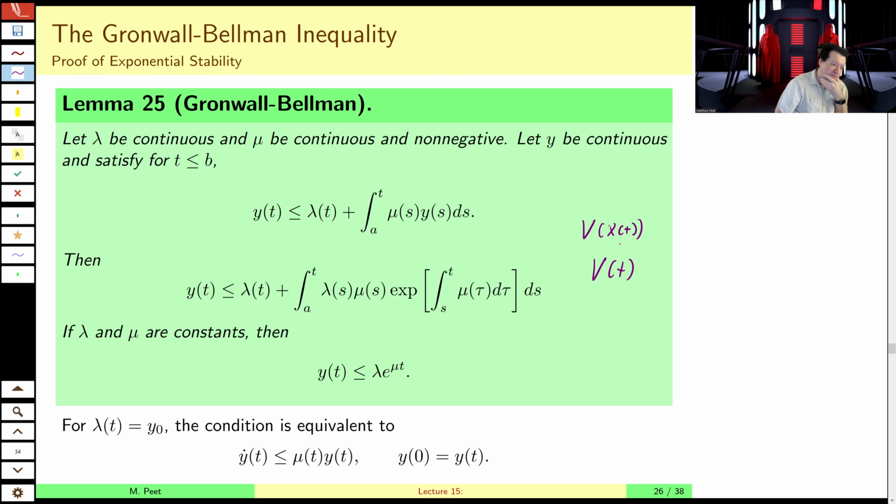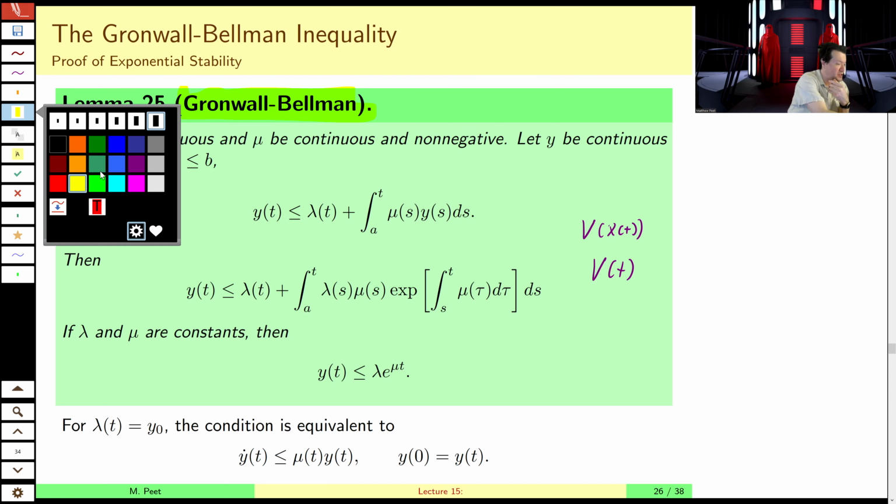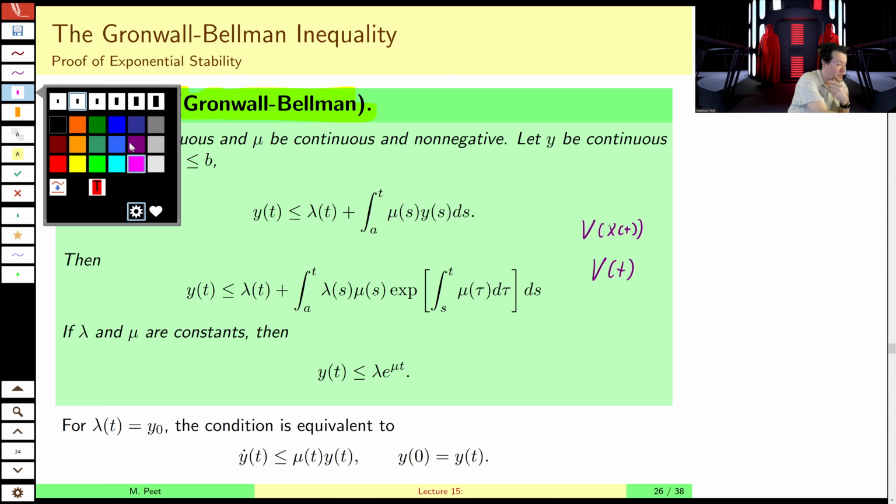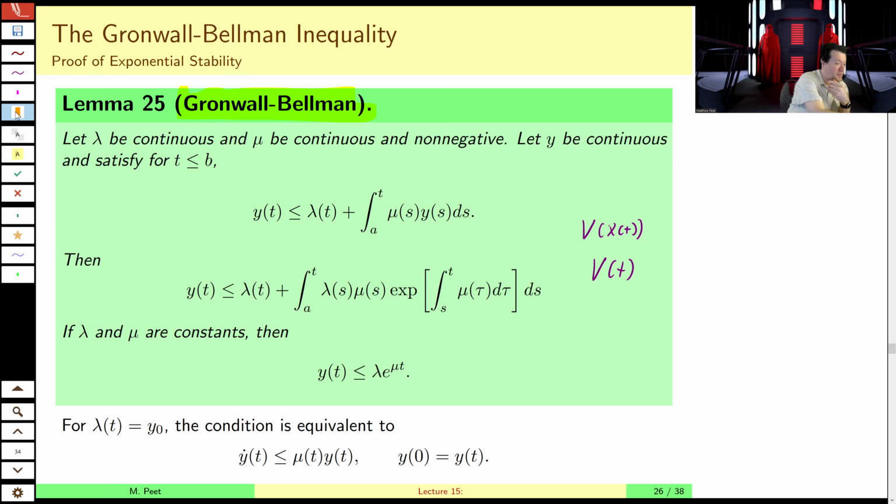So the major theorem that we introduce here, and the major mathematical machinery, is quite a useful theorem. Gronwall-Bellman is a very commonly used theorem in stability and in Lyapunov theory and all over the place, and solution maps and all sorts of things.